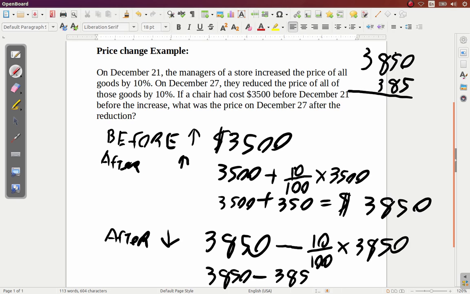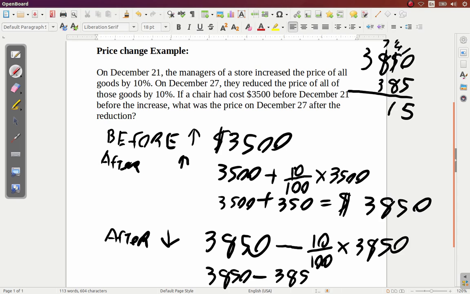So 5 from 0, can borrow 1 from 5, leave 4, 10. Remember, it's not really a matter of borrow, but you should review my earlier video on subtracting large numbers. But let's just go at it. So 10 minus 5 is 5. 4 minus 8, you can't, borrow 1 from 8. You have 7, 14 here. 14 minus 8 is 6.